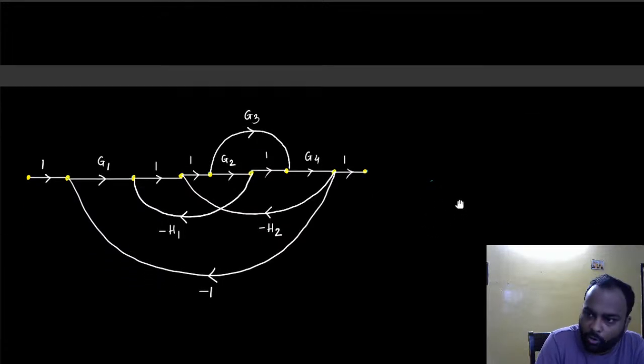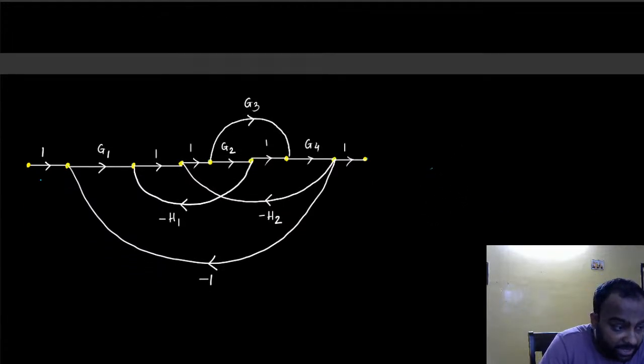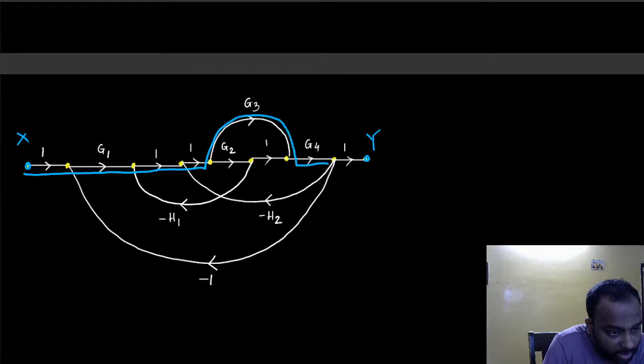All right. Do I have another forward path? The answer is yes, I have another forward path like this. I'm starting from this point, going to this one. Again, this is X and this is Y. Okay, fine. I have another forward path. So I'm going up to this point and then I'm taking this route and going to this one. Try to see.